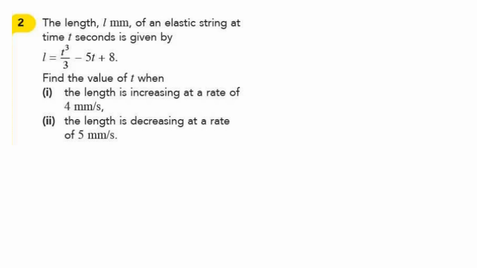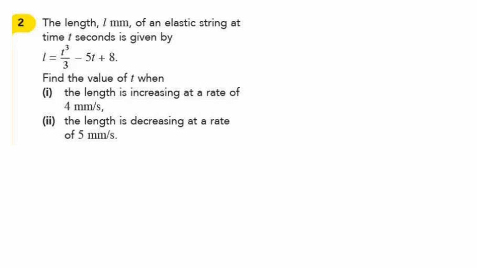The values of t represent the time in seconds. What we're interested to find is, at what time is the length increasing at the rate of 4 millimeters per second? And for part 2, at what time is the length decreasing at the rate of 5 millimeters per second?